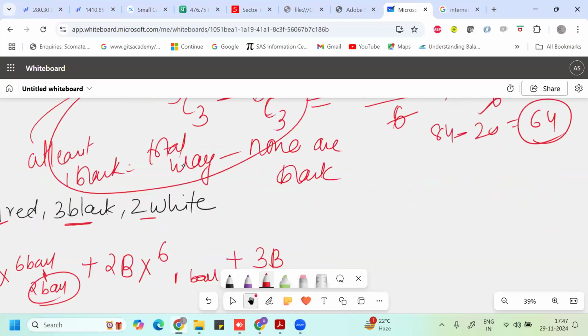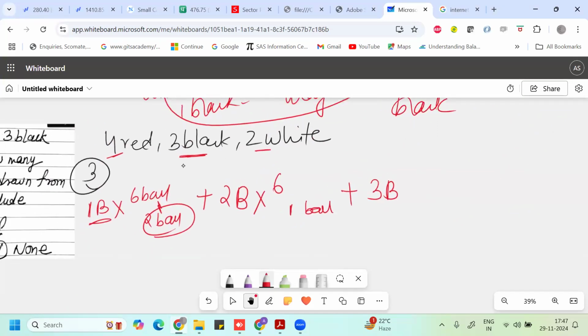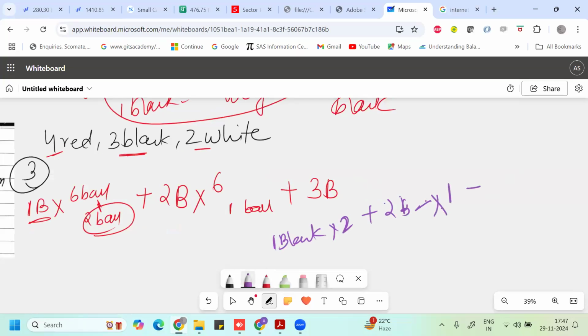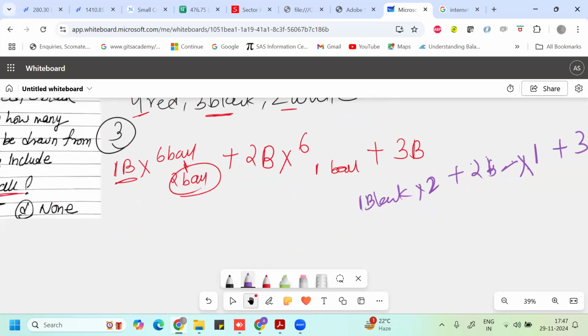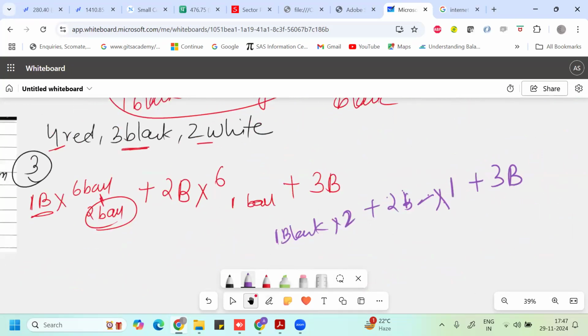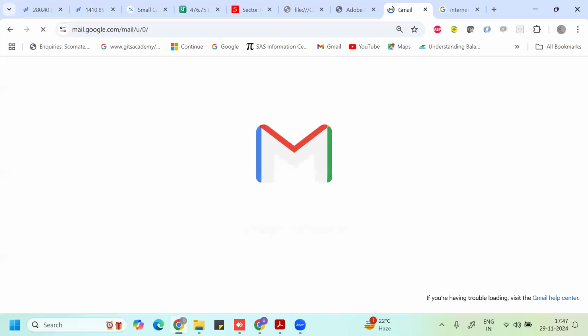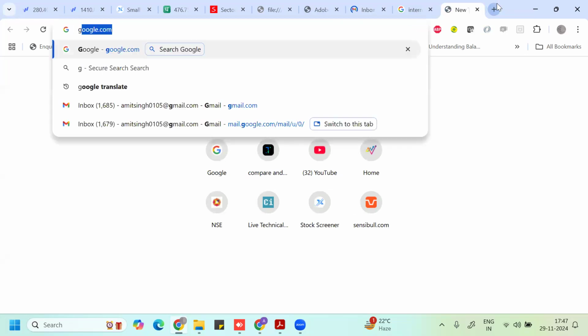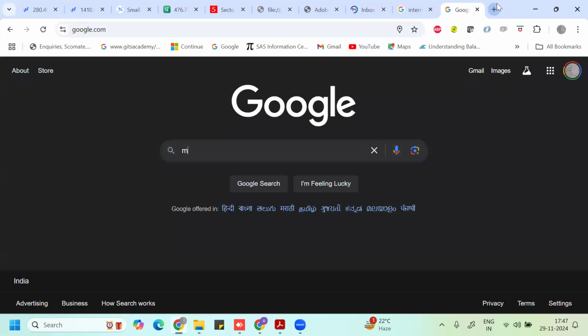The other way: at least one black means you have to take 3 balls. One black and any other two from red and white, then two black and any one from red and white, or all 3 black.